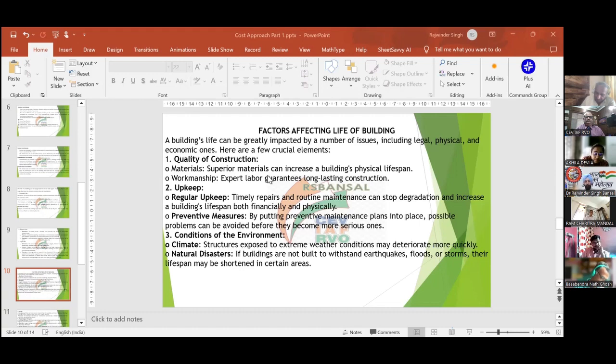So if the buildings are not constructed earthquake resistant, or not constructed to save them from floods or storms, their lifespan will be shortened in particular areas where there are chances of floods, storms, and earthquakes. So these are certain factors.